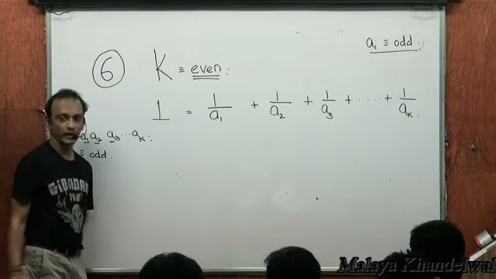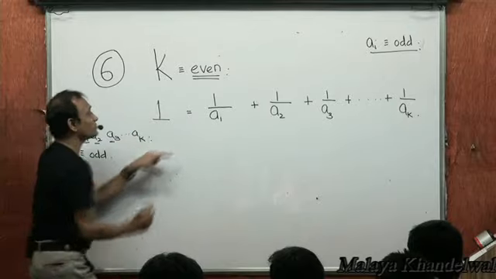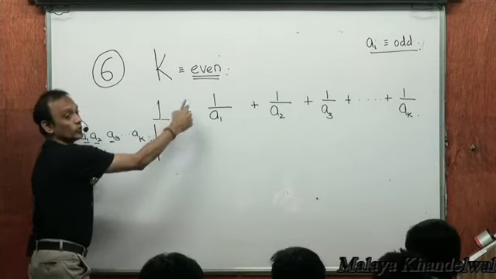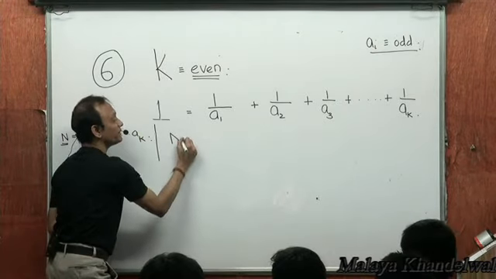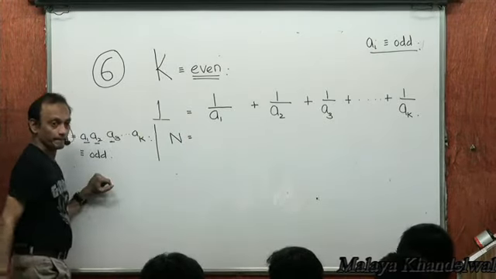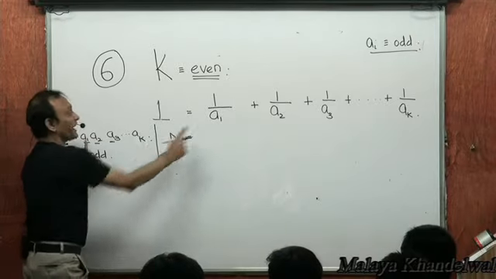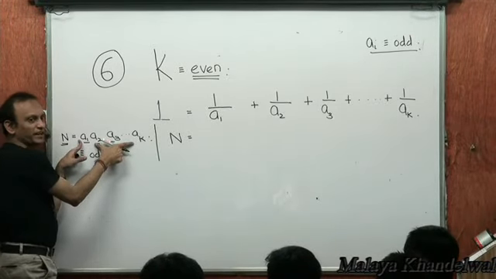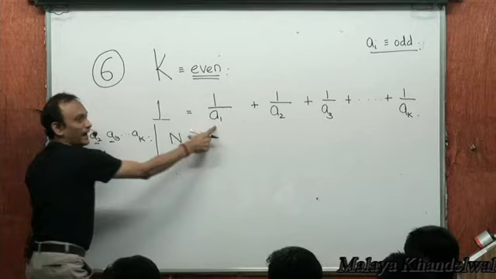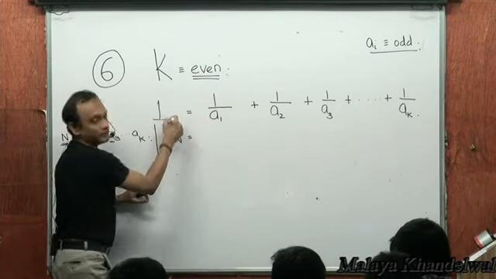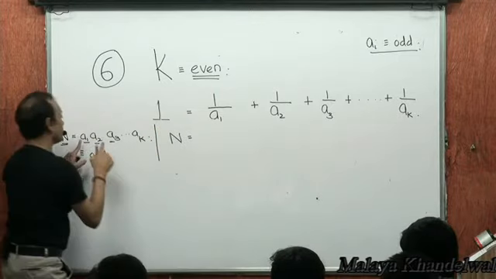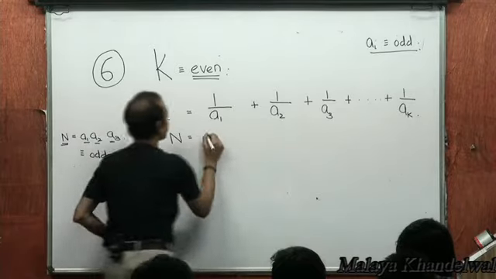Now if I multiply throughout by A1, A2, A3, AK, that means the left hand side would be N. The right hand side would be N divided by A1, N divided by A2, and so on. I am multiplying throughout by N. N by A1 would be A2, A3, AK.